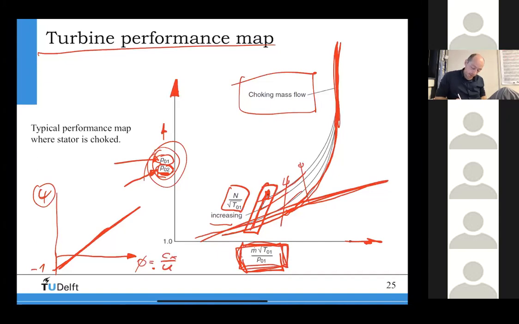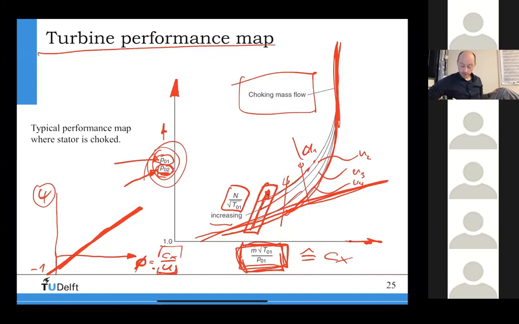This was Cx divided by U. So the flow coefficient combines both parameters, the mass flow and the rotational speed. That's why I get basically one line. But if I make a function where on the x-axis I only have the mass flow, which is proportional to Cx, then of course I will get several lines, because I get another line for U1, U2, U3, U4, right? And then you call them the different speed lines. And this is how it looks for a turbine. Okay.